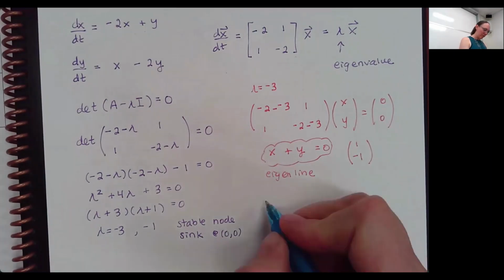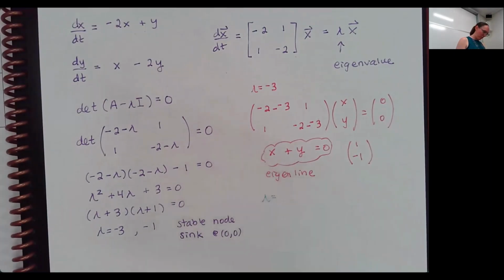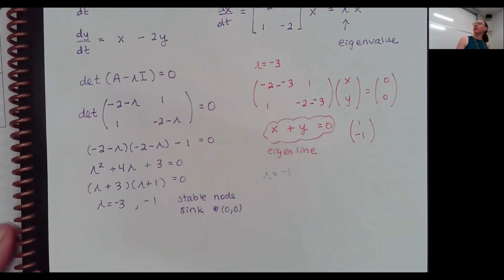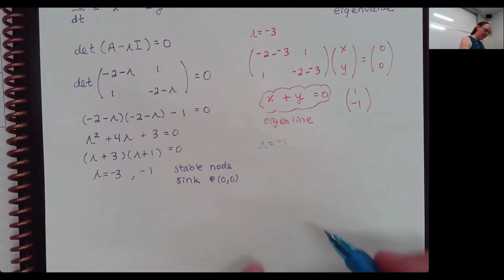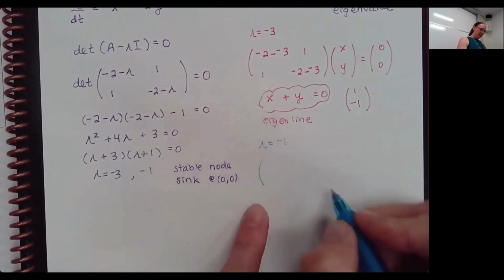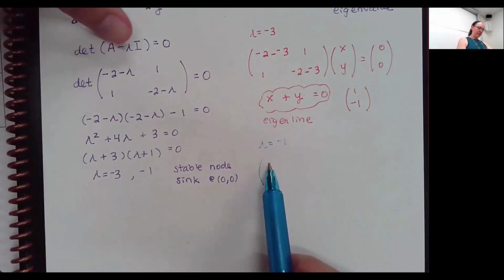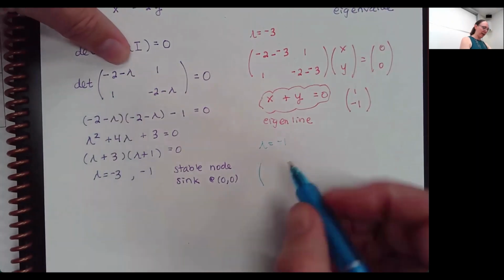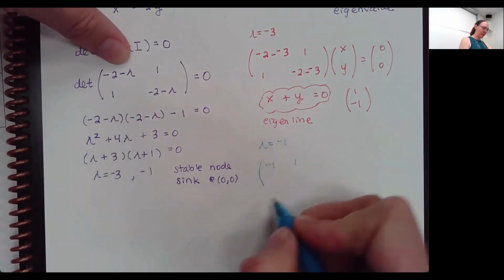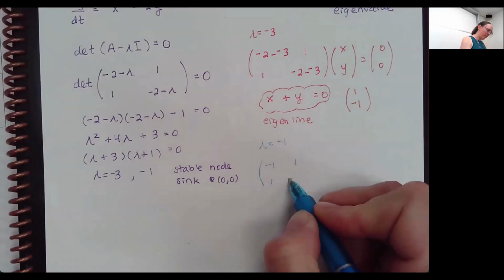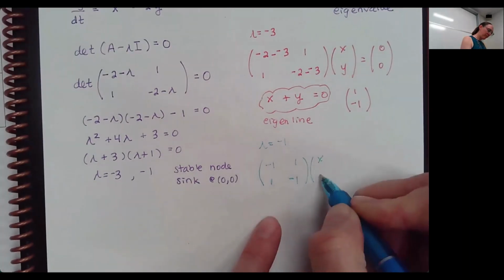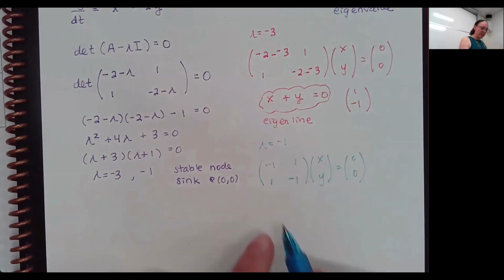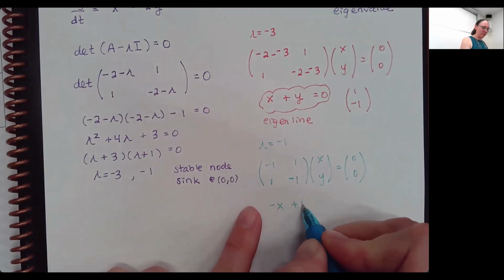So if lambda is equal to, what was my other one? -1. Then my matrix equation, I'm going to try to do math in my head and try not to mess it up. So -2 minus -1 is going to give me -1, 1, and then 1, -1 for that bottom row. Which means -x plus y is equal to 0.